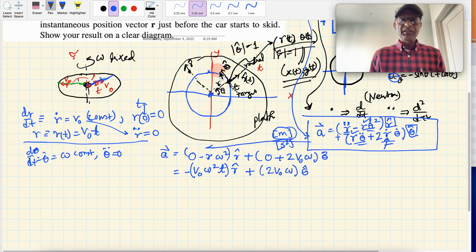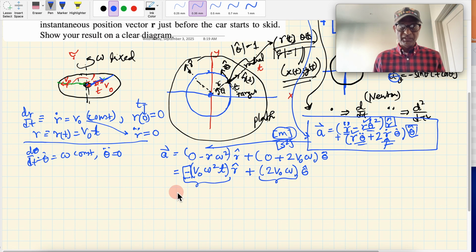So if you go out there, we can actually draw this vector. The minus is pointed towards the origin. Okay, so this is the centripetal acceleration part, and this is the tangential acceleration part.